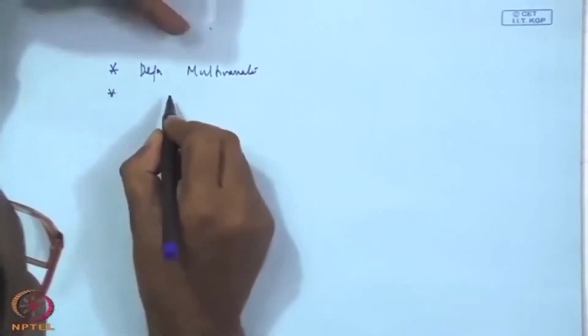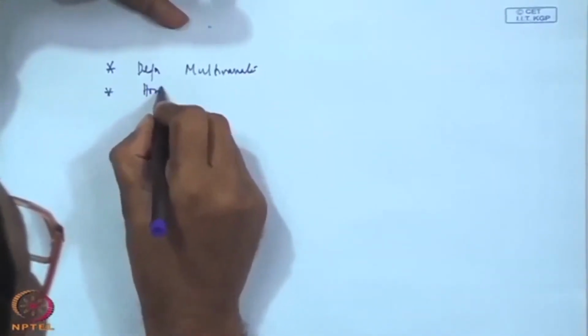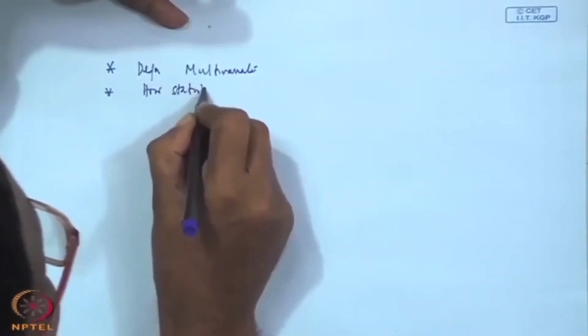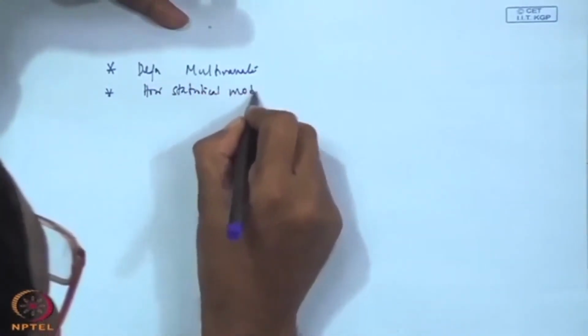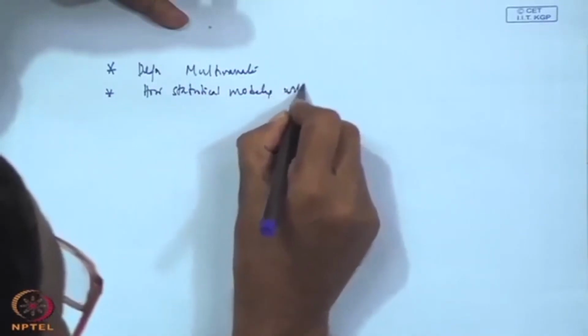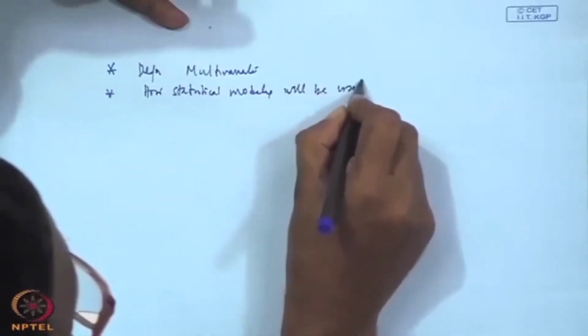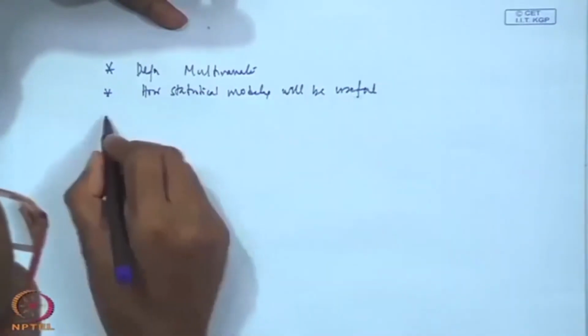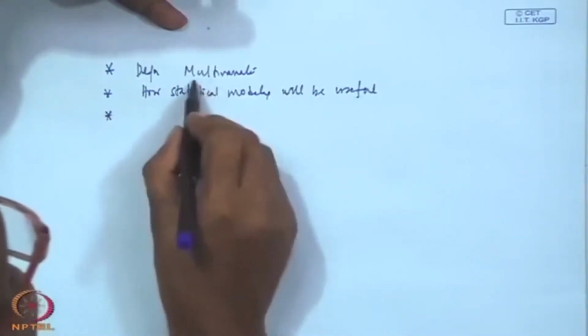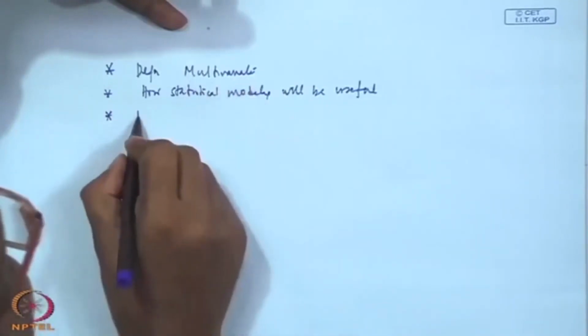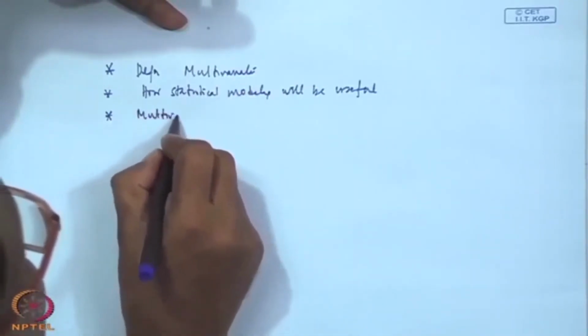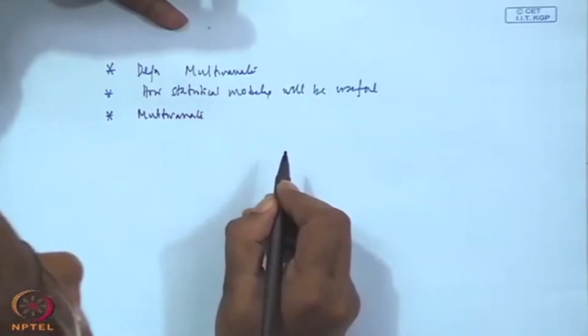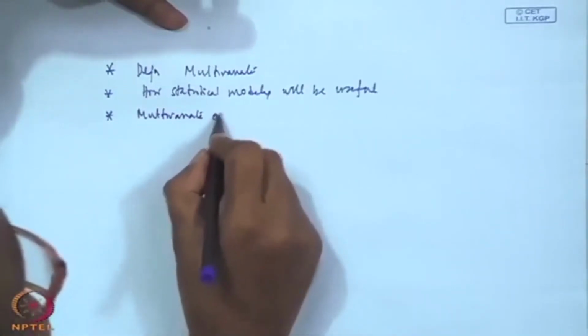Then we said how statistical modeling will be useful. And we also said that when we talk about multivariate, multivariate observations need to be carefully measured.